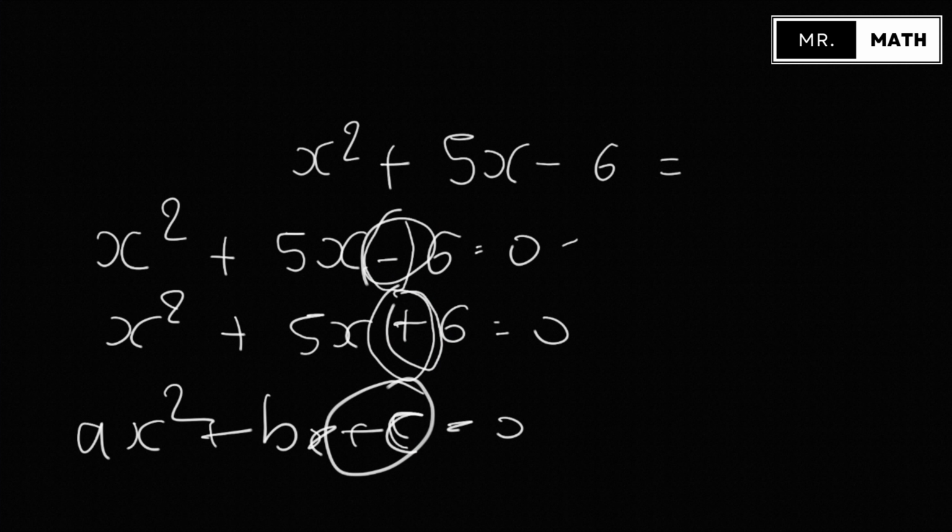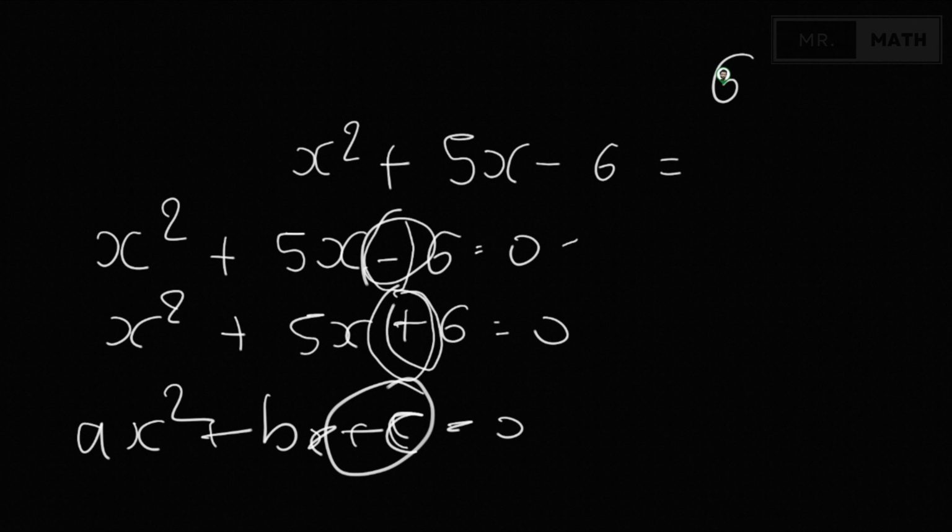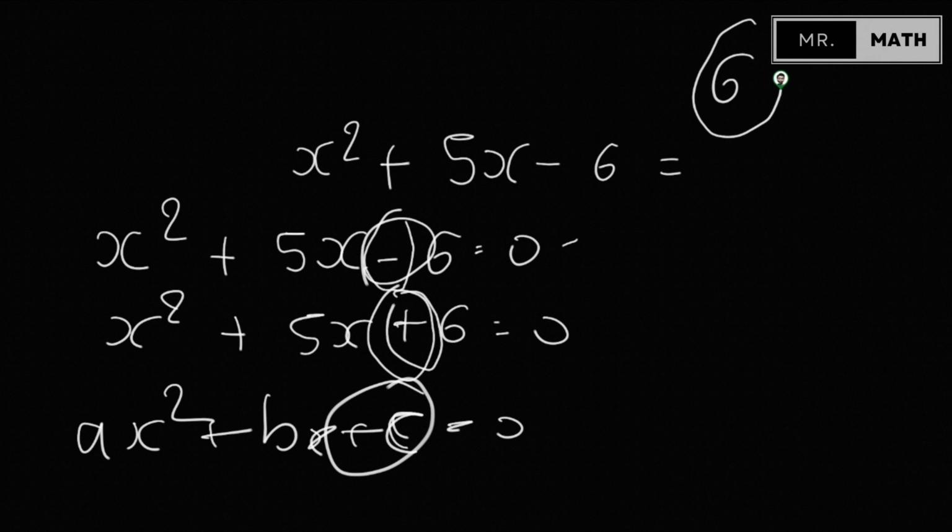So if c is minus, then you need to factorize in subtraction. Factorize in subtraction means, for 6, you need to find factors of 6 in such a way that their subtraction is 5. Means find two factors of 6 so that if we subtract them, we get 5.